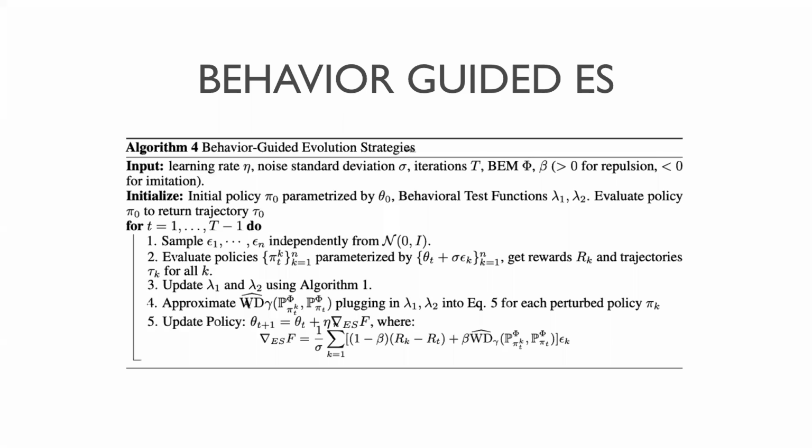What's in the text is really what I just described. We find the test functions using this alternating procedure, updating by computing a bunch of trajectories. Then we use the test functions to augment the reward, and take an ES step, a gradient step you could call it, on the parameters of the policy.